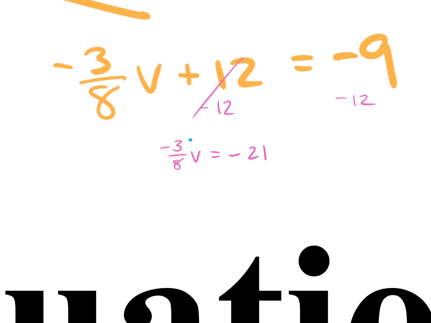Multiply by the reciprocal. So I multiply by negative 8 over 3. Multiply by negative 8 over 3. So it cancels out on the left. I'm just left with v. I can make it negative 21 over 1. And then how would I multiply?